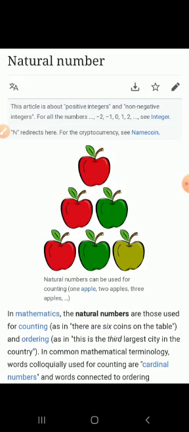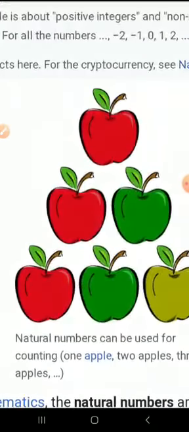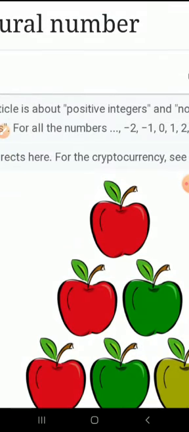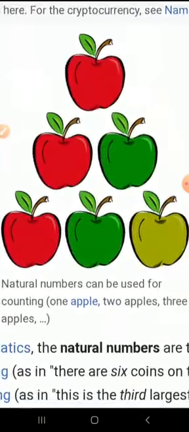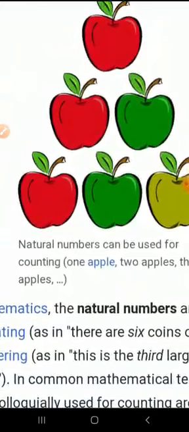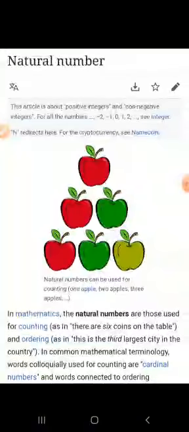Like if someone is asking you to count the number of apples here, so in the first row the number of apples is 1, and if you are going to count the number of apples in the second row, it is 1, 2, third row it is 1, 2, 3. So when we have to count, we always start from 1. So counting numbers like 1, 2, 3, 4 and so on, this we call it as natural numbers.